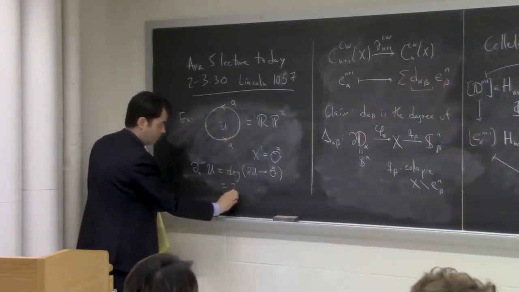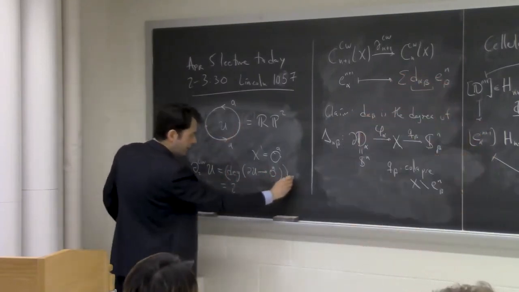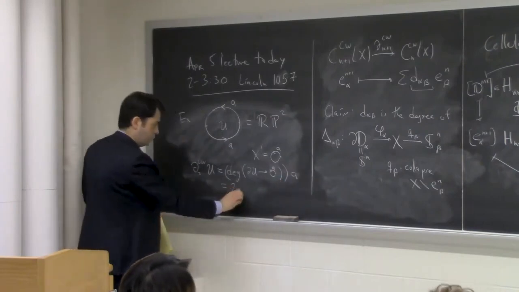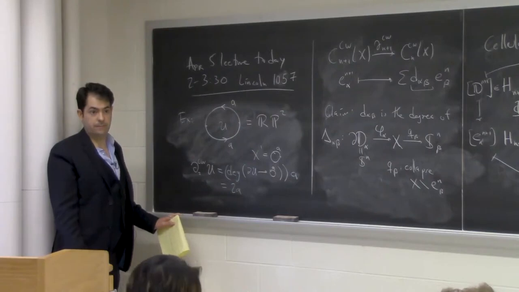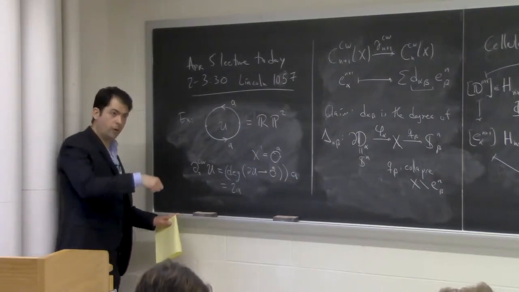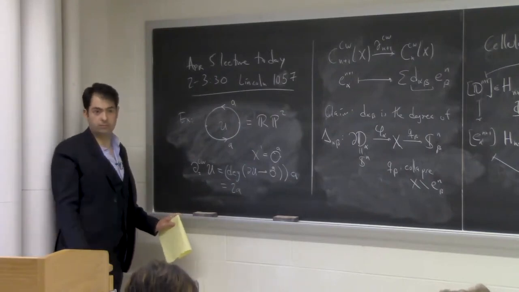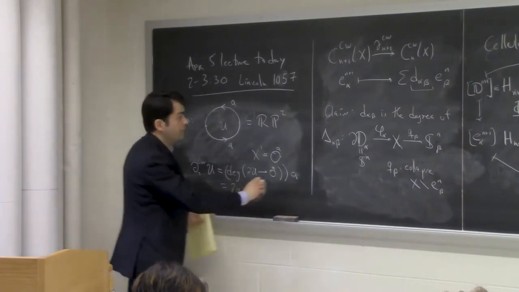So it's going to be 2A, because you just go around the circle twice. So that has degree 2.